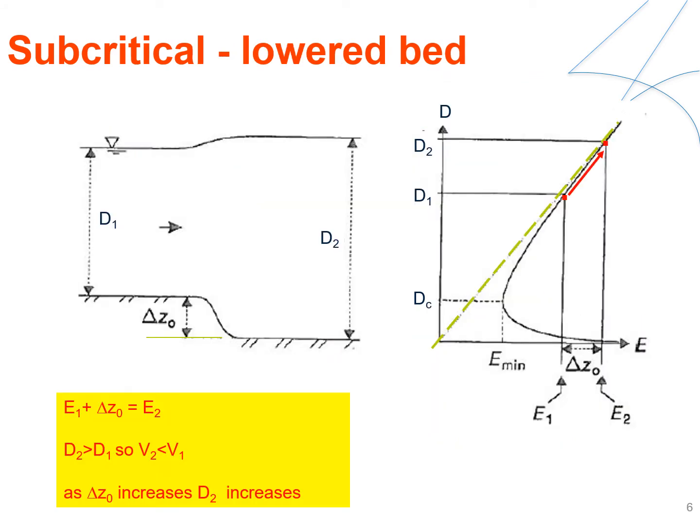Now we talk about this raised bed. What about the lowered bed? It's the same principle. If you lower the bed by delta z, which means you are adding energy, and if the initial flow was subcritical, then you will get increased water depth. Okay, so the initial depth was d1, and now you get the depth as d2.